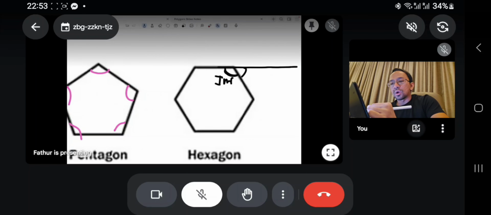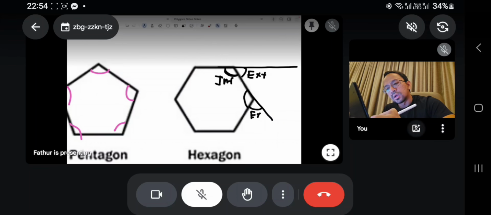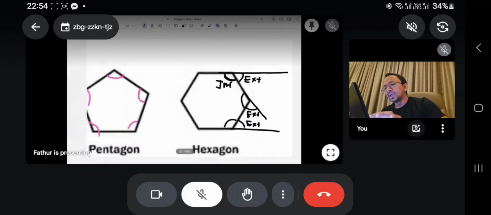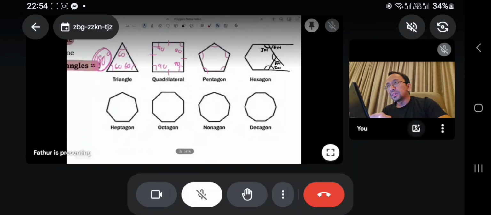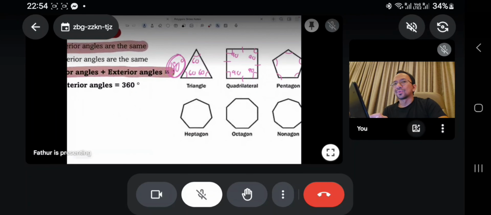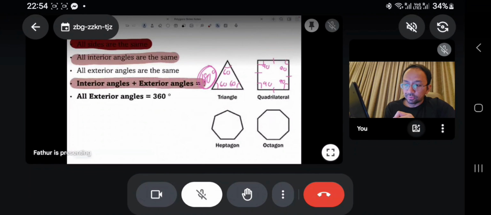So now this is what you call the exterior. If this part is the interior, where's the exterior? Draw the line, extend it out. So this is the exterior. If this is the interior, this one will be the exterior, and so on and so forth. So interior plus exterior equals 180 degrees.